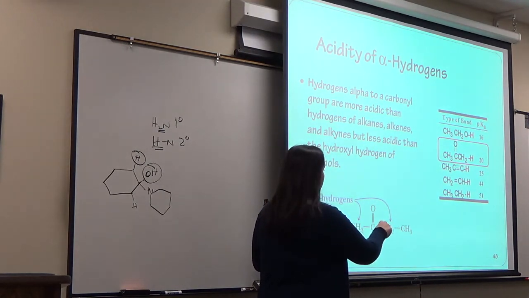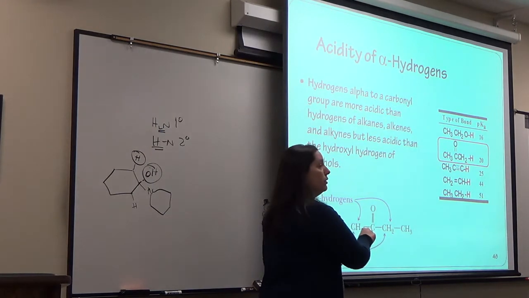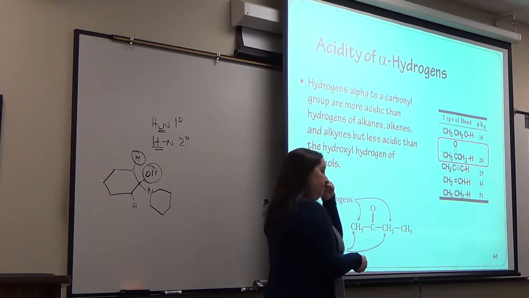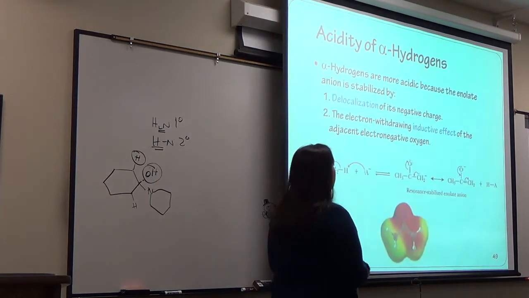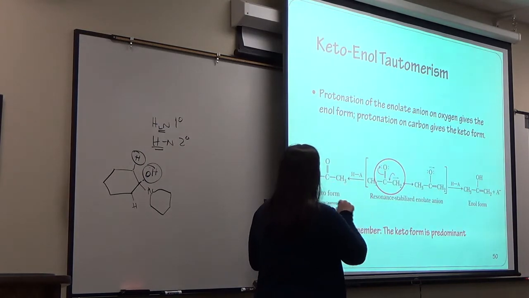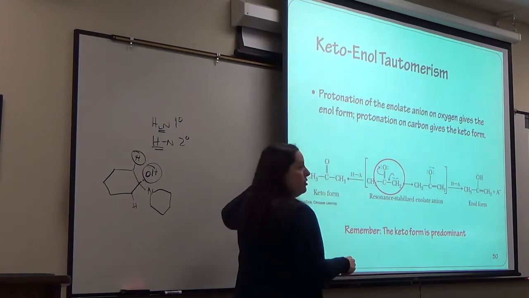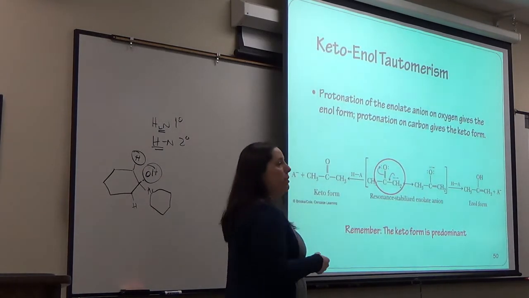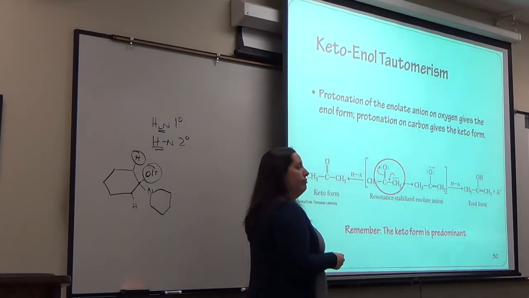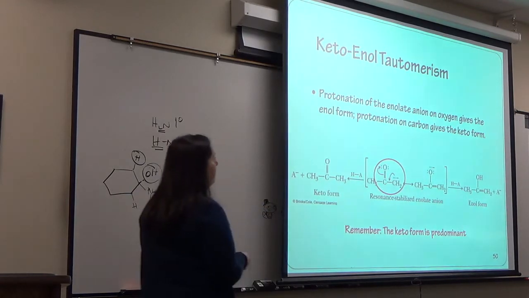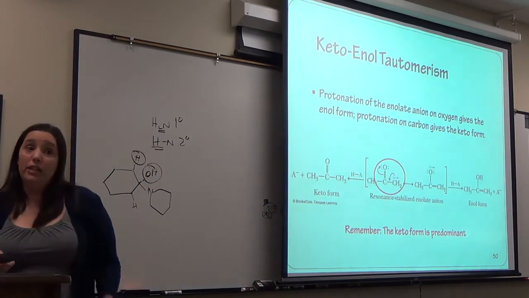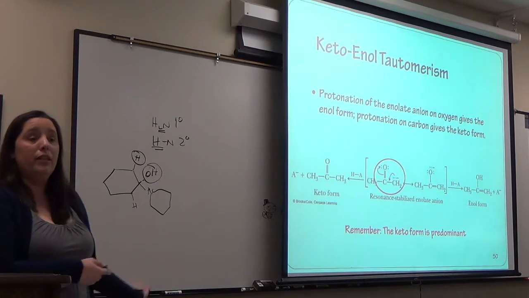It can happen over here or over here, on either side. The example just gives you both CH3s, but if there was a CH2, CH3, it would still happen on the other side as well. So any alpha position is going to end up in this situation.